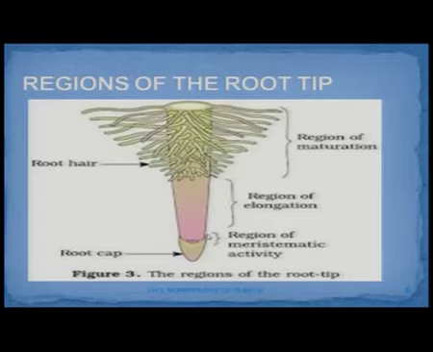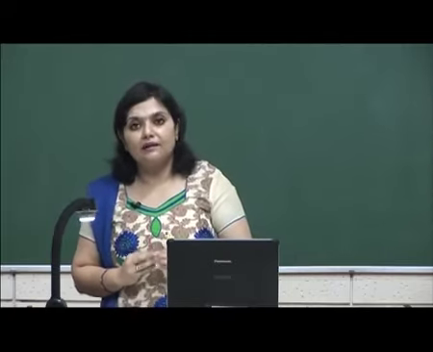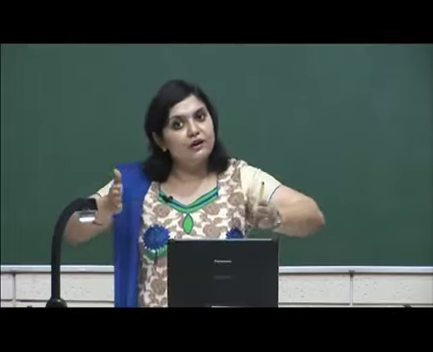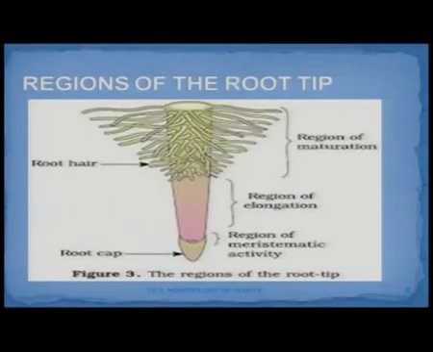Now, in earlier classes you have studied that meristematic tissue is the tissue which is concerned with production of new cells in the body of the plants. So, it leads to the growth. The growth can be in terms of gain of height or it can be in terms of gain of girth. Meristematic tissue continuously produces new cells in this very region.